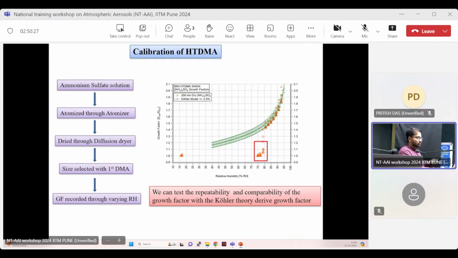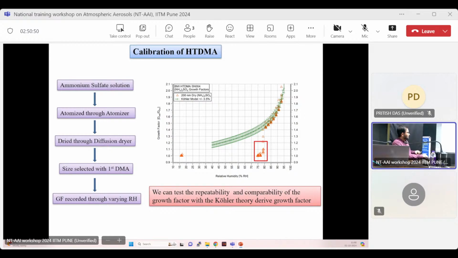You can send it to the instrument through a nebulizer or atomizer. You nebulize it and dry it first, then send it to the HTDMA instrument. You can check the growth of these particles with exposure to different relative humidities. In your y-axis it's growth factor, and in your x-axis is relative humidity.